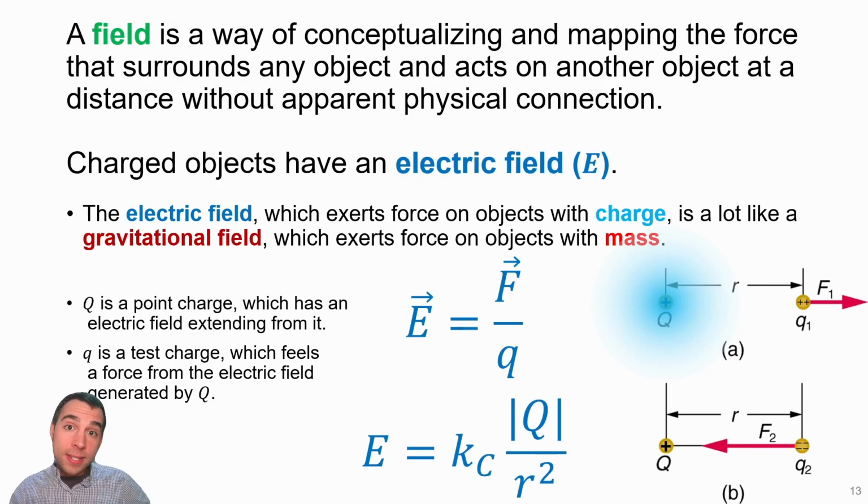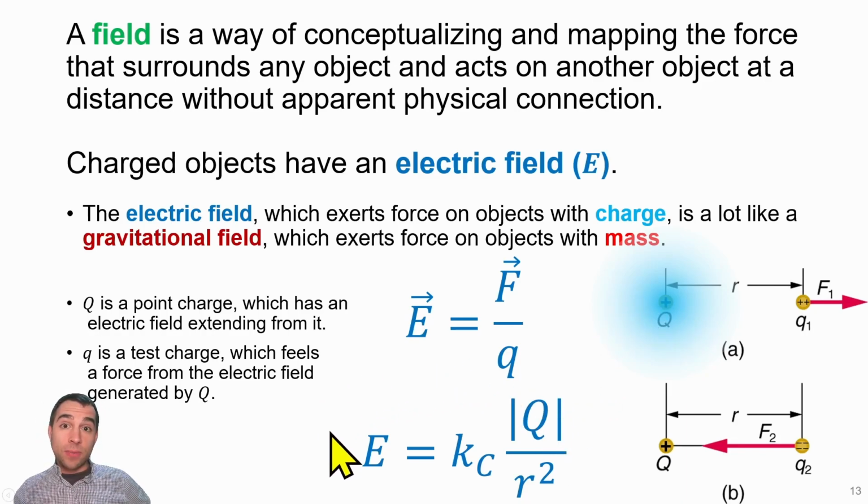So, to formalize the equation a little bit, capital Q here represents a point charge, just one place in space where we have a charged object and an electric field emanates from that point charge. Lowercase q is a test charge. It's the charge that feels the force from the point charge.